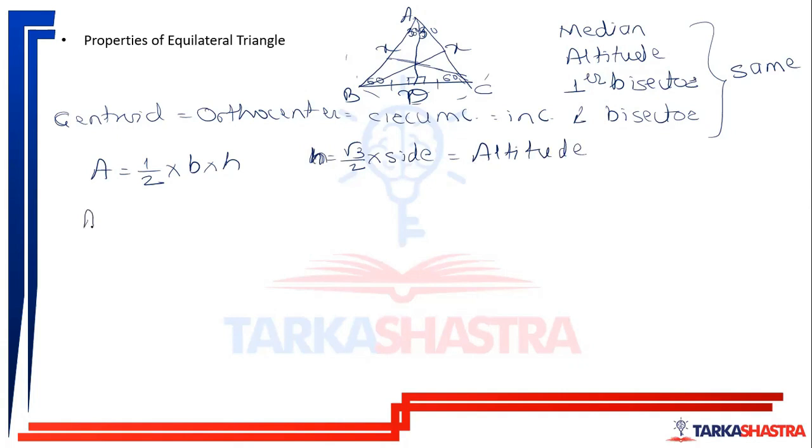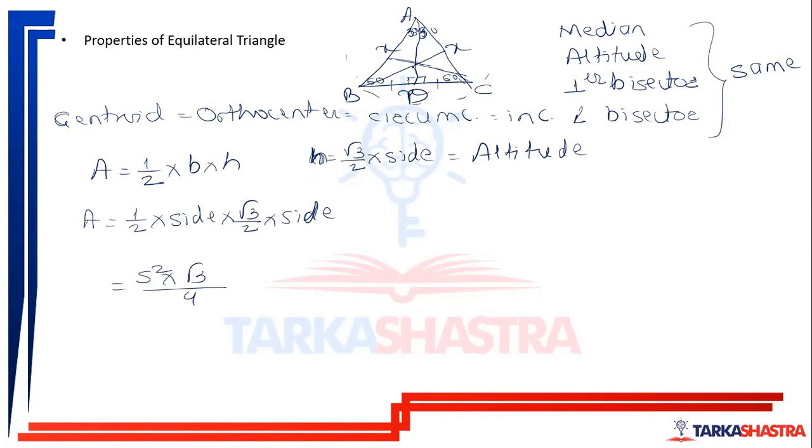So the area becomes 1/2 into base, which is the side of the triangle, multiplied by √3/2 into the side, which is the area of an equilateral triangle equal to side square multiplied by √3/4.